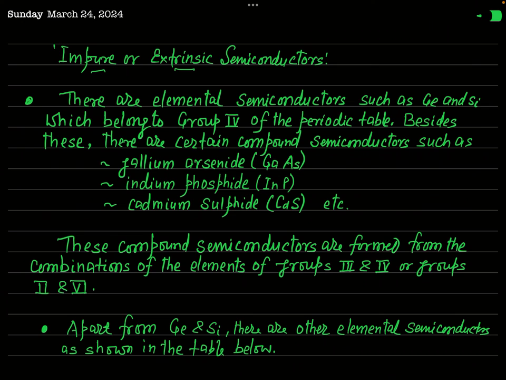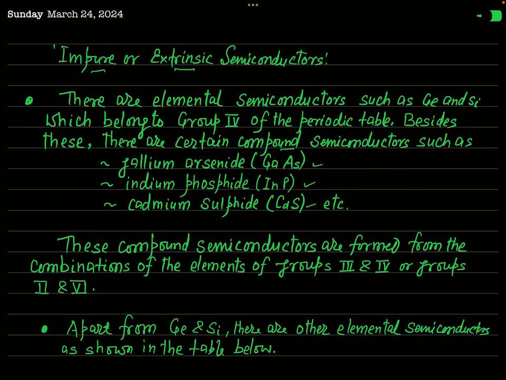But there are also materials which are not elements but compounds which behave like semiconductors, and those materials have many practical importances. For example, the compound semiconductors: gallium arsenide, GaAs, indium phosphide, and cadmium sulfide.